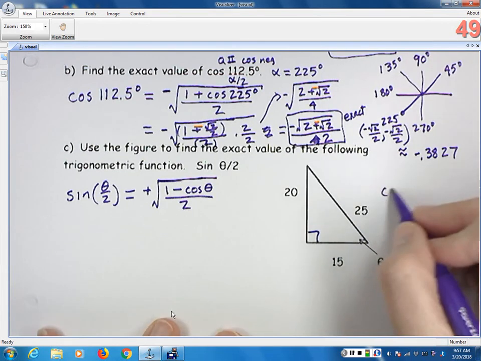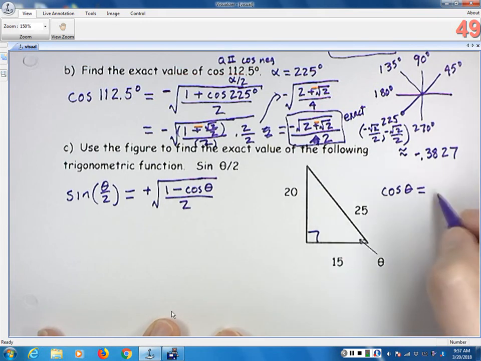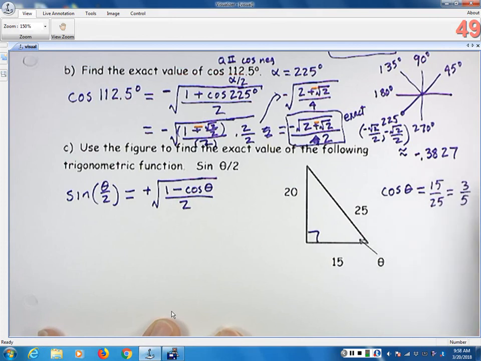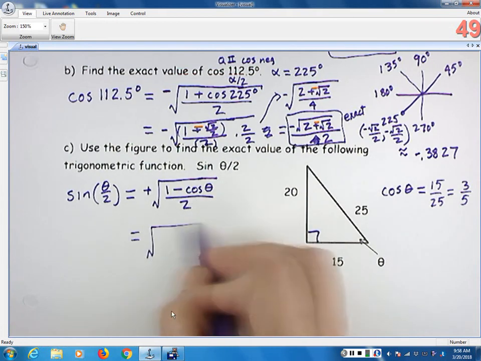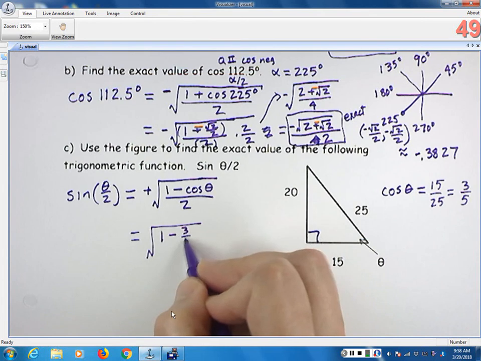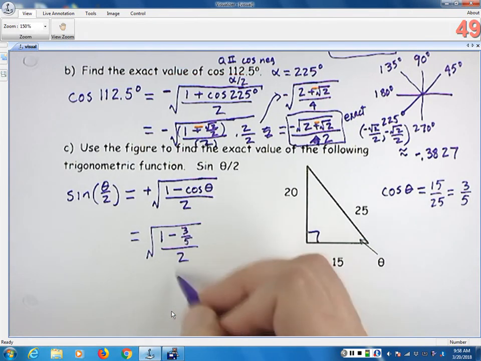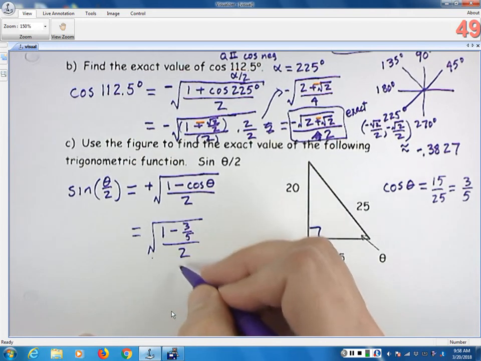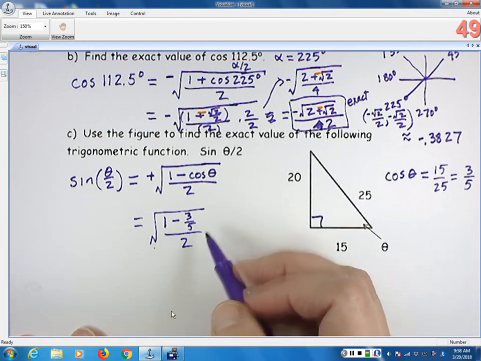Well, cosine theta, according to the picture, is 15 over 25. Divide by 5 is 3/5. So we've got to replace cosine theta in here with 3/5. 1 minus 3/5 divided by 2. You can't leave a fraction within a fraction. And we don't want to leave a radical in the denominator either. So what I did on this one, I went ahead and subtracted 1 minus 3/5 is 2/5.